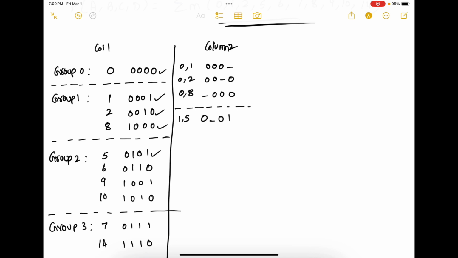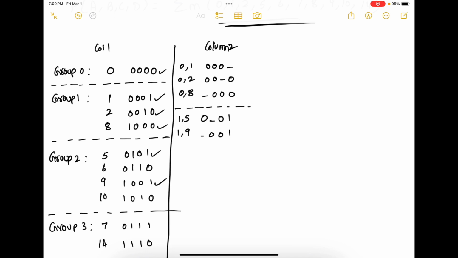Check 5. Can you combine 1 and 6? You cannot combine 1 and 6 because there are two bits changing. Can you combine 1 and 9? Yes, 1 and 9 can be combined, and there is only a 1-bit change. Put a check. Can you combine 1 and 10? No, because there are two bits changing.